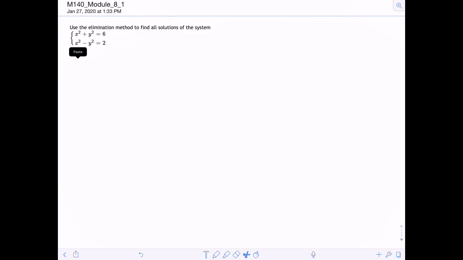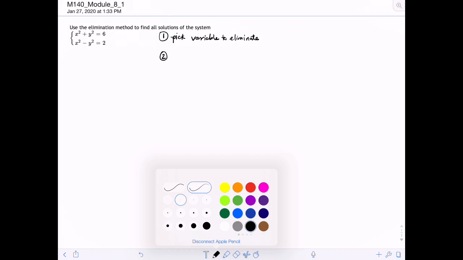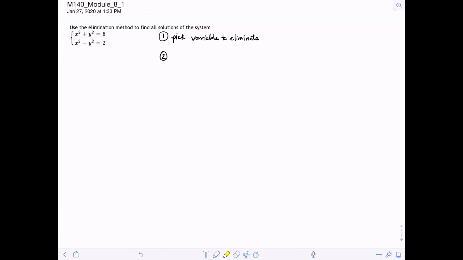So the method for elimination just says that you need to pick a variable, and then after you pick a variable to eliminate, you will eliminate that variable by making sure the coefficients in front of that variable are the same but opposite signs. So if we want to pick a variable to eliminate, I would advise us to pick y.